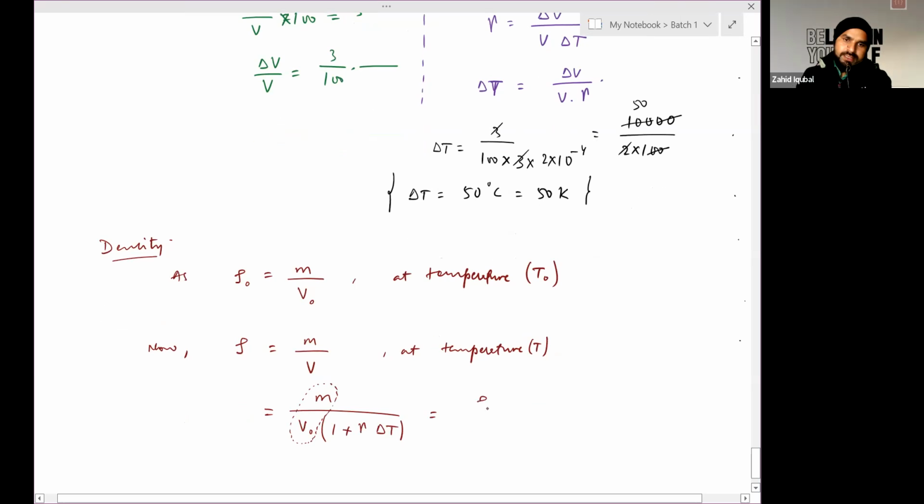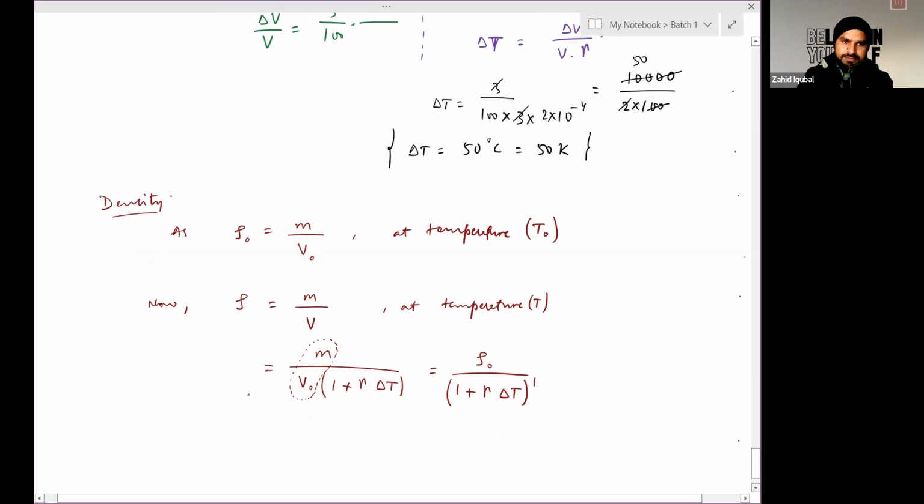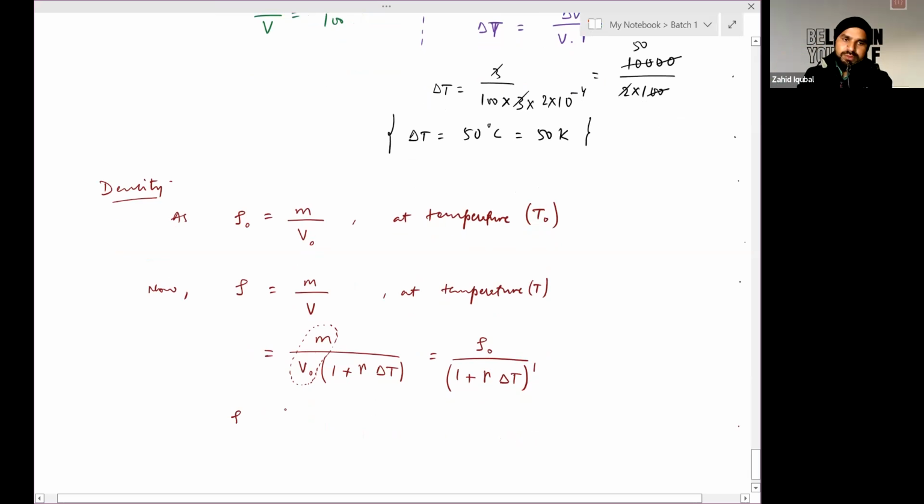So we can write it as rho naught divided by 1 plus gamma delta T. Having exponent 1 in the denominator, on moving to the numerator it becomes rho equals rho naught (1 plus gamma delta T) to the power minus 1.